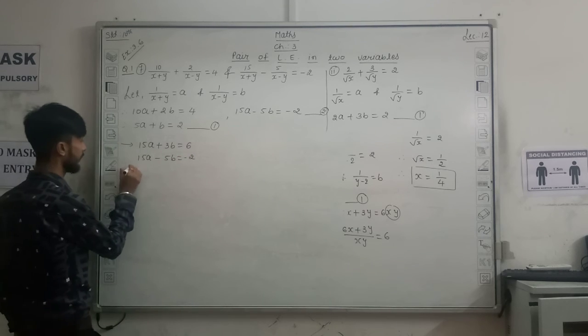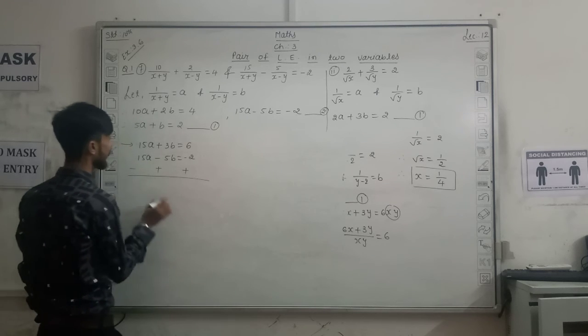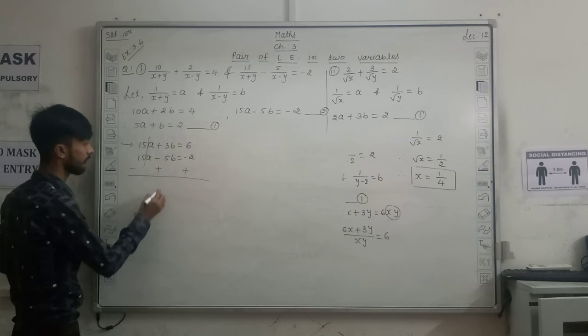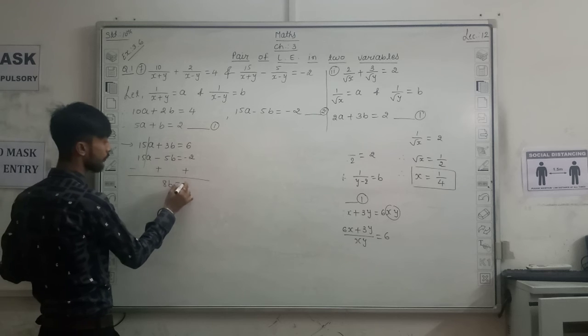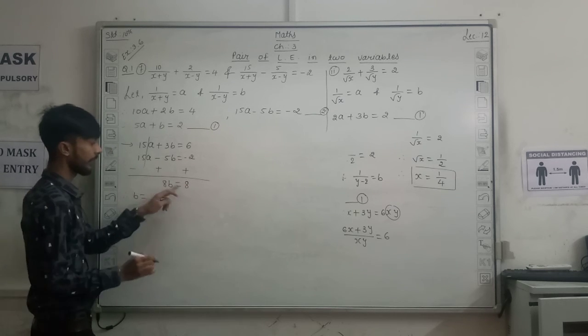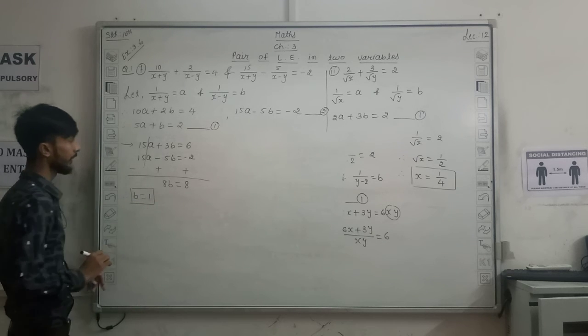Right? Now change the sign, minus plus plus. 15a cut. 3 plus 5, 8b equals 6 plus 2, 8. Therefore b equals 8 upon 8, which is 1. b is 1.